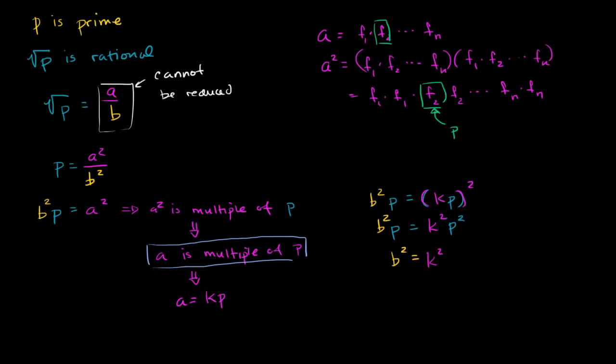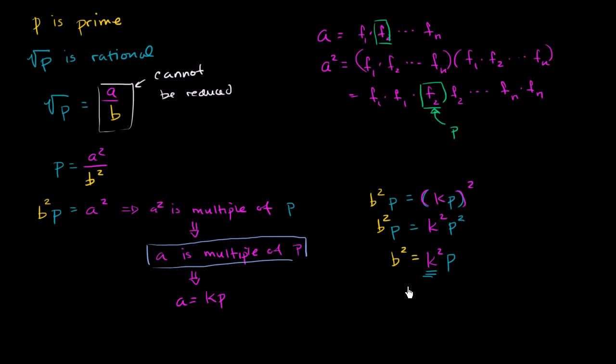Well, the same argument that we used, if a squared is equal to b squared times p, that let us know that a squared is a multiple of p. So now we have it the other way around. b squared is equal to some integer squared, which is still going to be an integer, times p. So b squared must be a multiple of p.